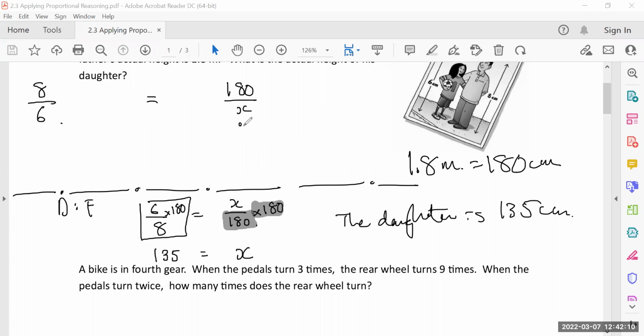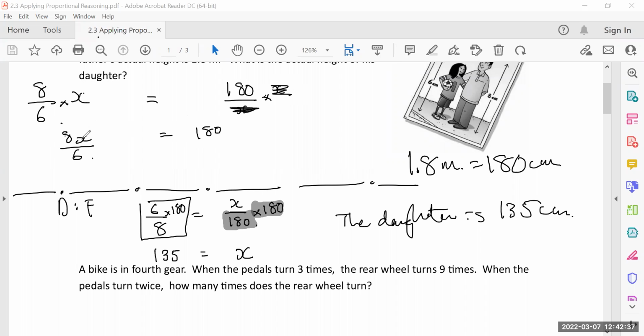Okay, ready? I don't want to deal with that fraction. Just like how I was multiplying by 180, I don't want any fractions there. I'm going to multiply both sides by x to get the denominator out. When I do so, on the right side is 180. On the left side, I have 8x divided by 6.